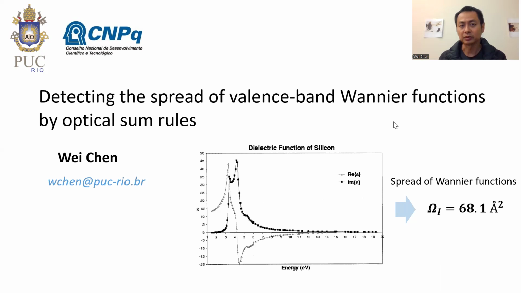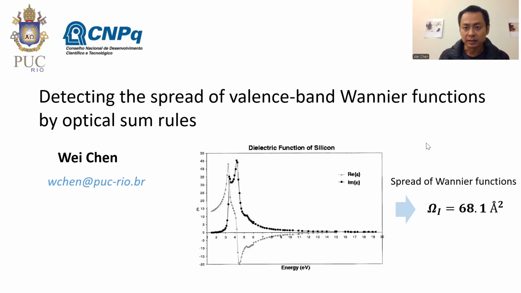Basically, I would like to share with you how you can get from the experimental data of typical semiconductors or insulators, such as this dielectric function of silicon, how we can get from this kind of optical measurements to detect the spread of Wannier functions, the absolute scale of the spread, completely from the experimental data without any fitting parameter. For instance, for silicon, we determine it to be 68.1 angstrom squared.